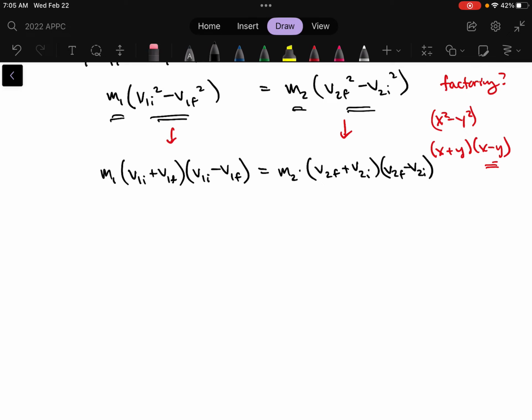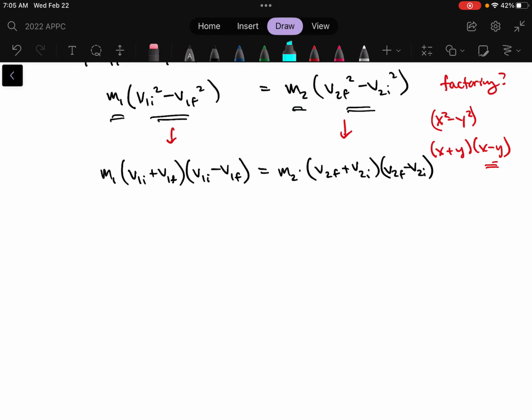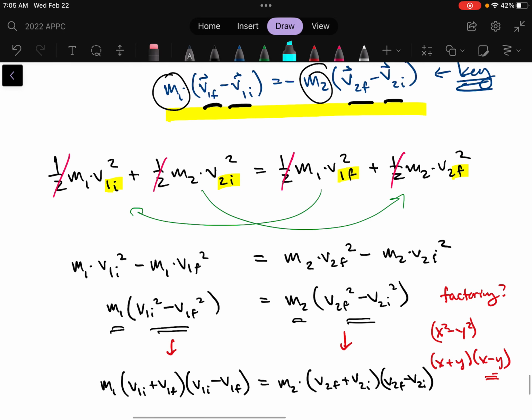So we're at this point, and here's where I can start picking apart and noticing that I have some similar things. I'm going to switch colors up here. Up above, see if I can get all this on the screen at one time. I've got M1, and then I've got V1F minus V1I. Well, I've got the V1F and the V1I, but it looks like the sign is backwards.